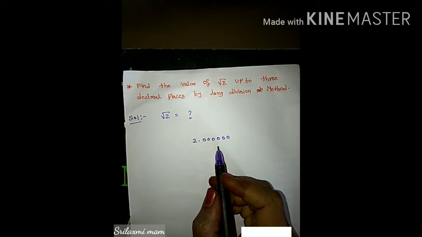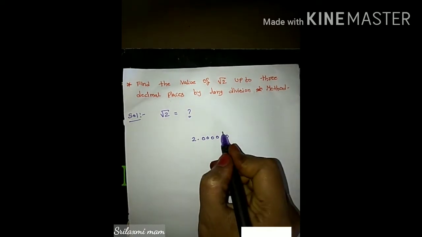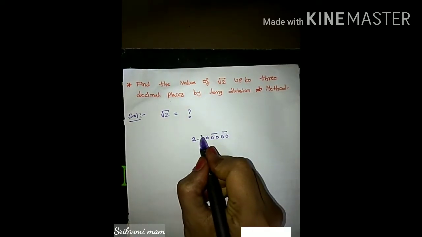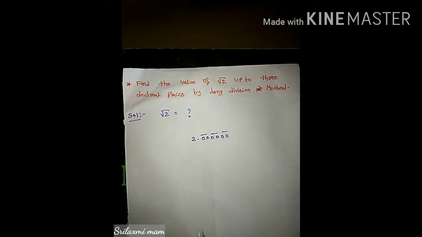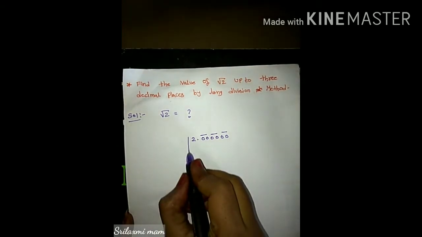Group the zeros in pairs and take a bar over them. Understand?